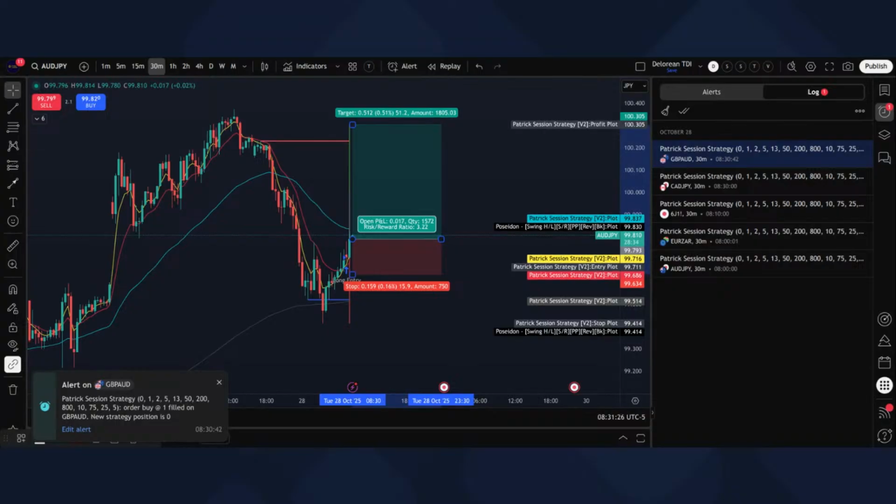And this is a 30-minute confirmation buy. Entry price, it's the 3.22 risk. Entries at 99.793. Stop loss is at 99.634. That's going to be 416 pips. Take profit is going to be at 100.305. That's 451 pips.